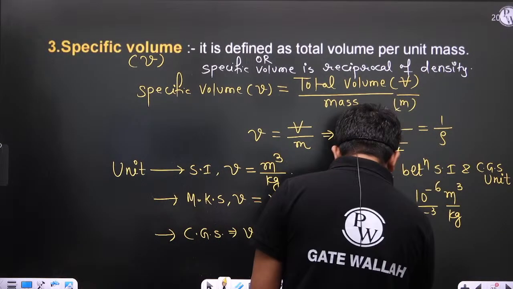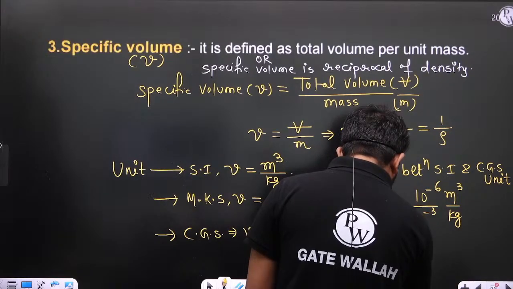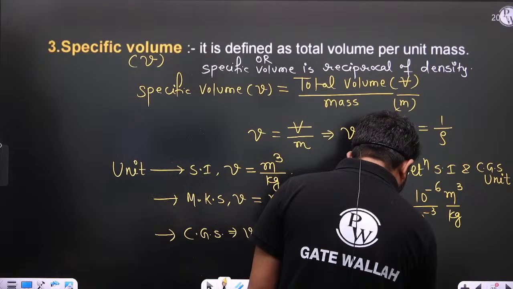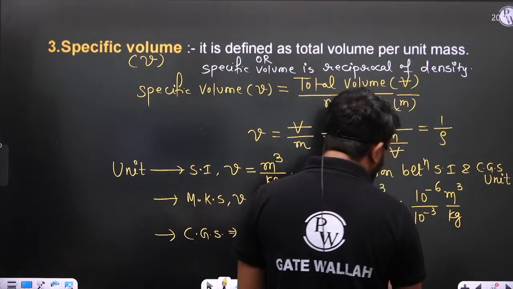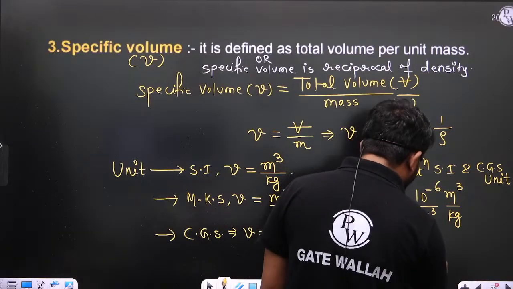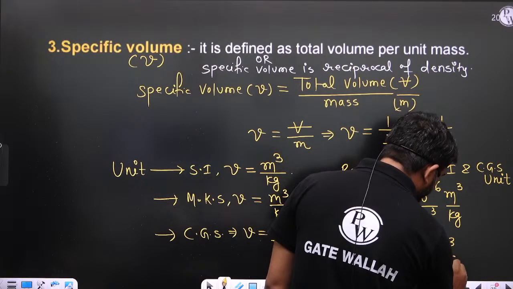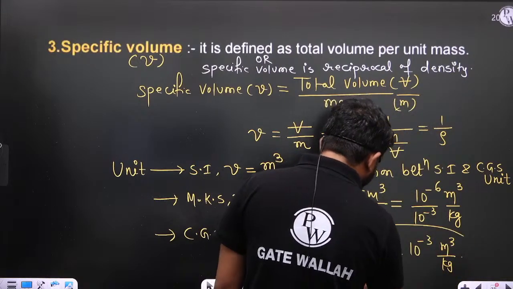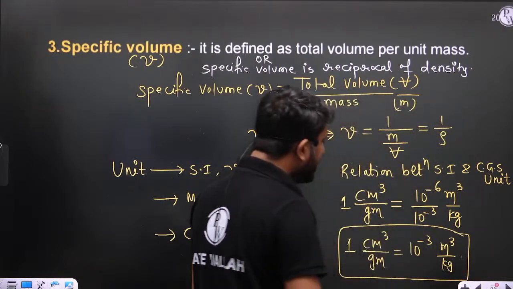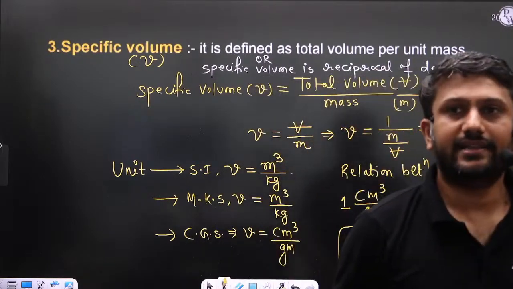So ultimately we can write 1 centimeter cube per gram is equal to 10 to the power minus 6 plus 3, so this is 10 to the power minus 3 meter cube per kg. So this is the relation between SI unit and the CGS unit.